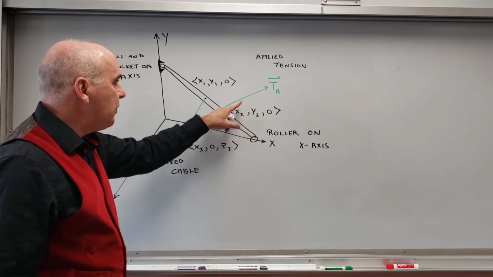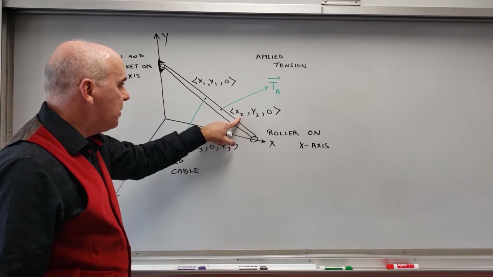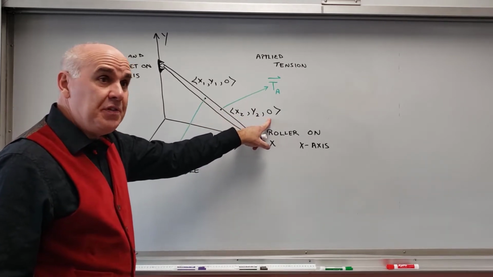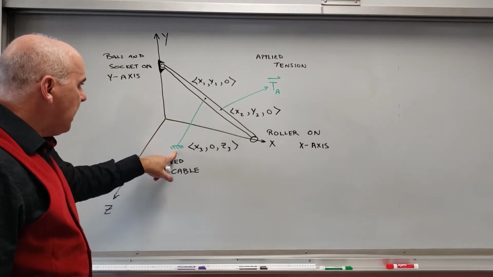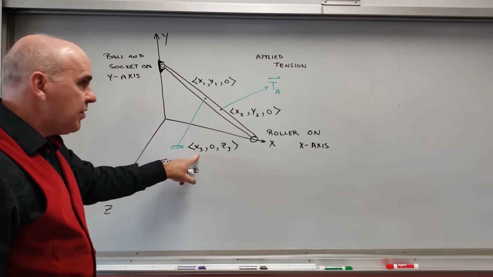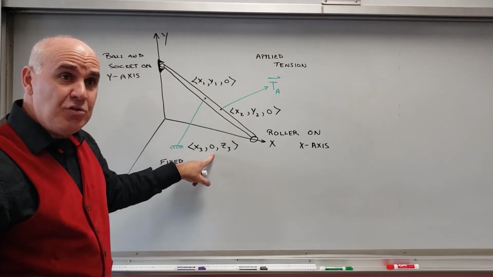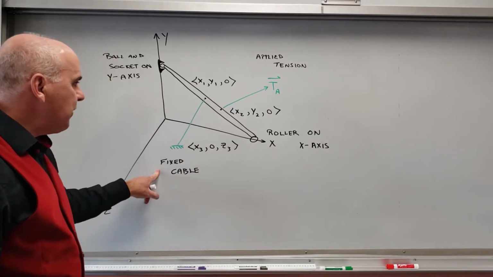That's a vector quantity, and it's going to have a position of x2, y2, because it's on the bar, and still 0 in the z. And then this cable is fixed to a point on the xz plane, so it has a position x3, 0, because it's on the xz plane it has no y position, and then z3. All right, so that's a fixed cable.